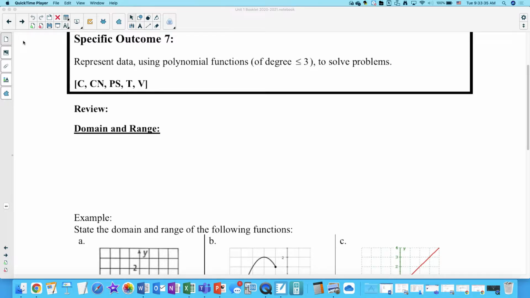Then the input is the date. So the dates that would make sense, the values that would make sense for the domain would be anywhere from February 1st to June 30th inclusive, because those are the dates that second semester happens.